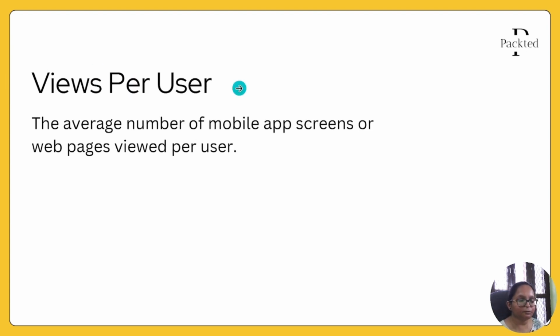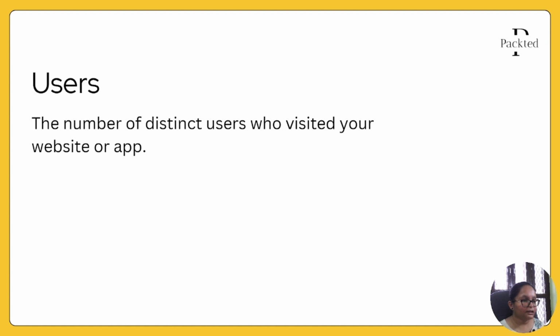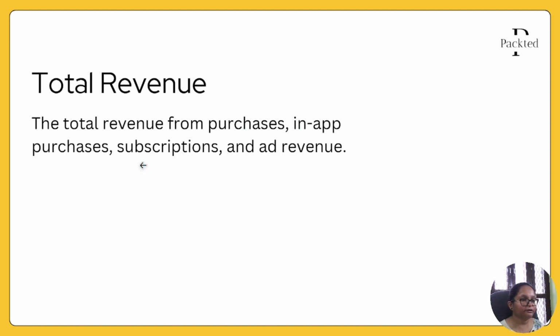Next is the views per user, which is basically the average number of mobile app screens or web pages that your users saw. And the next one is the users, the number of distinct users. This basically means active users, as we have discussed before, who visited your website or app. And the total revenue, which combines the revenue from different sources like your purchases, in-app purchases, subscriptions and ad revenue.